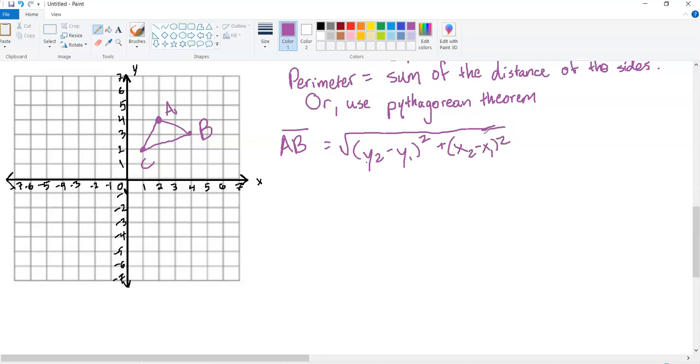I'd plug that into a calculator, get the square root, and get a rounded answer, maybe to the 10th place. Then I would take the sum of those sides. I would repeat by doing BC and AC. And by taking the sum of those side distances, that will give me the perimeter.